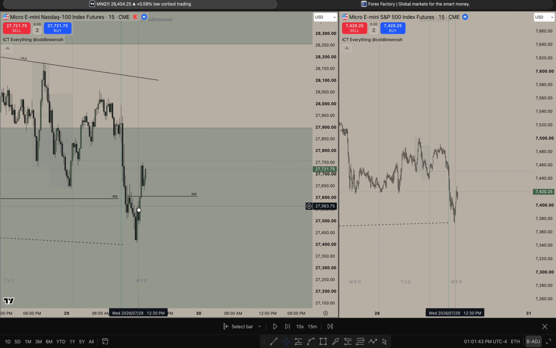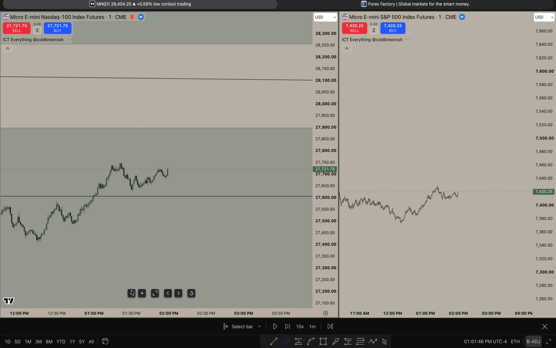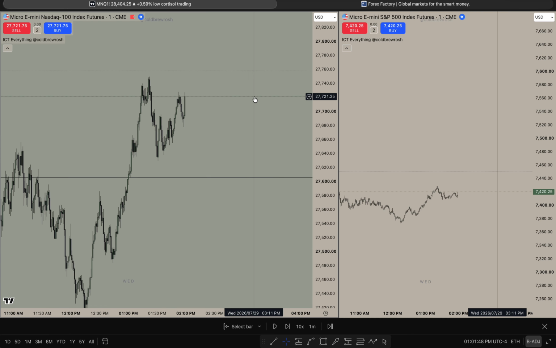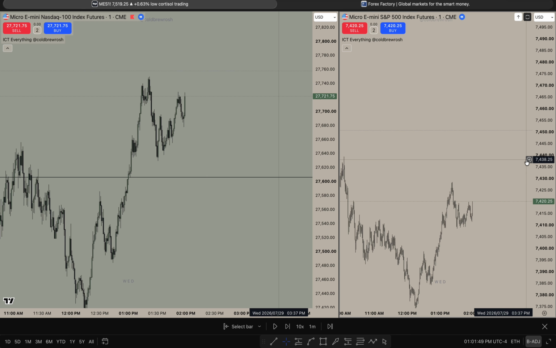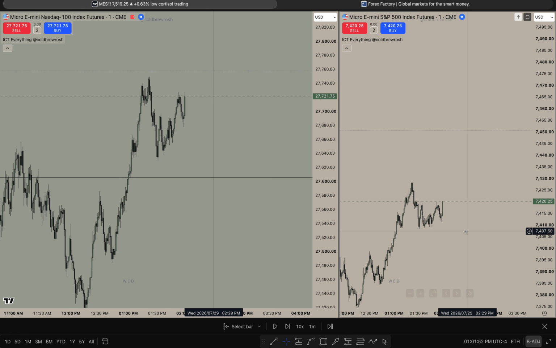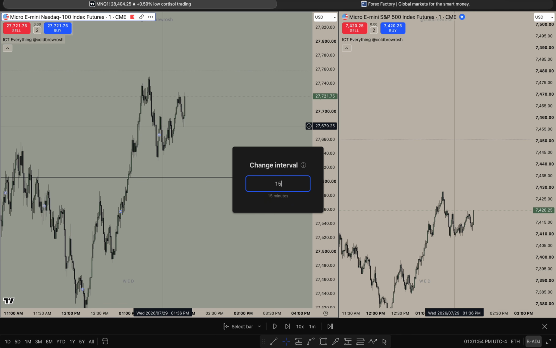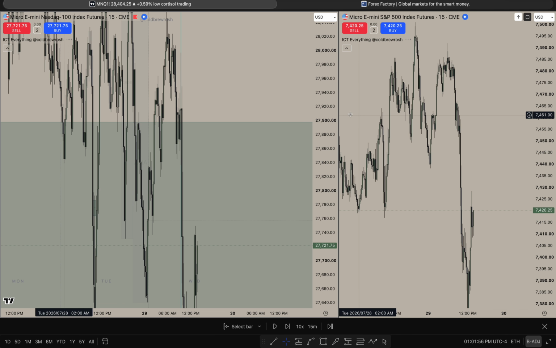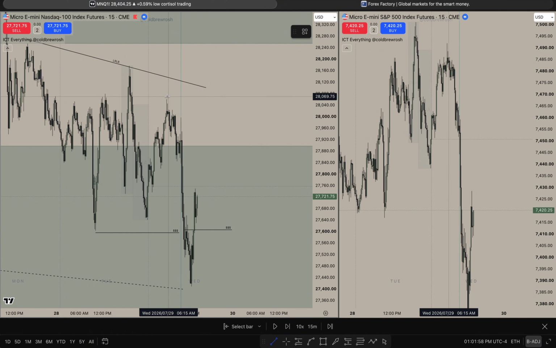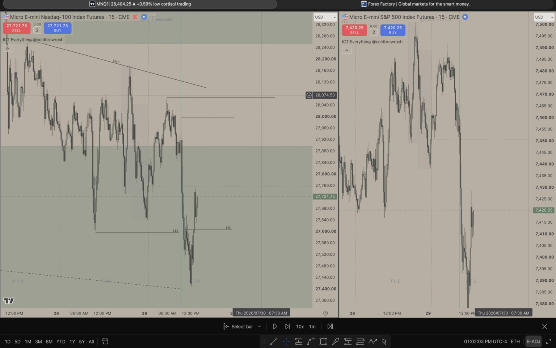No relief 4 hour rally gaps above, it was amazing. And I want to see us manipulate some sort of sell-side liquidity, maybe tap a little imbalance, and then continue higher to these highs right here. Bam and bam.